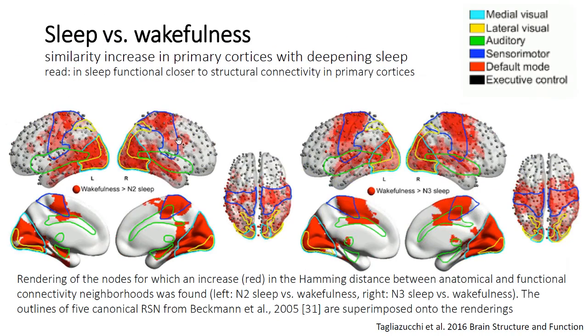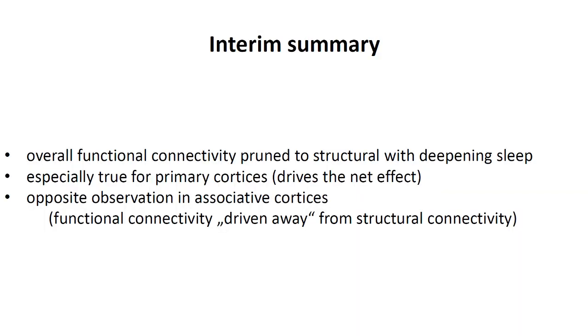And the opposite happens in a set of regions that contains all the primary sensory cortices. So there seems to be a dissociation. Some parts of the brain during deep sleep become closer to the underlying anatomical structure, and some regions become less similar to the underlying anatomical structure.